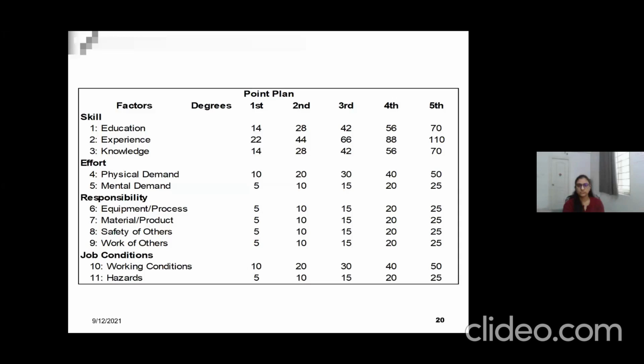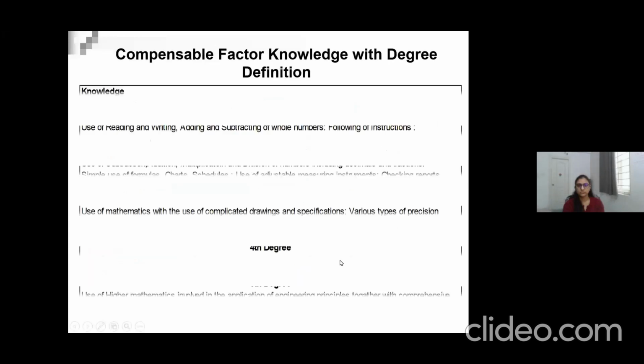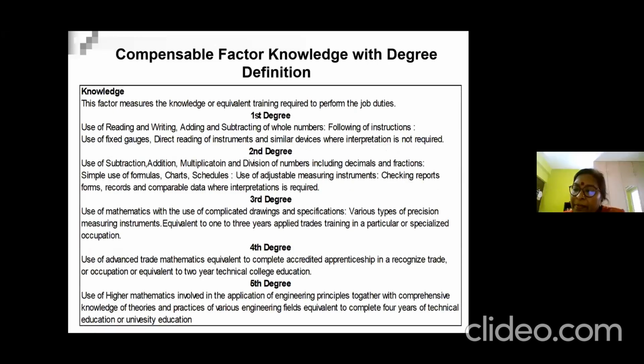To give you a little more insight, for example, if knowledge is your compensable factor, and based on the requirement of my operation and production processes, I said I will have 5 degrees or 5 levels of intensity.